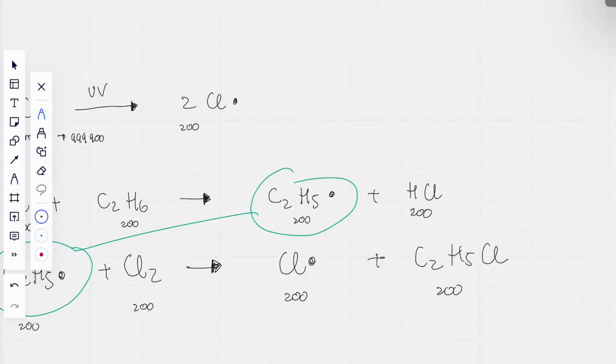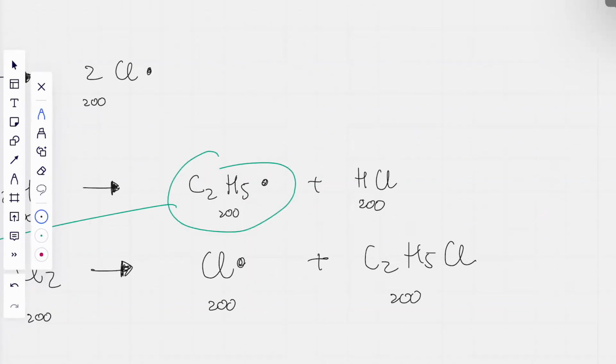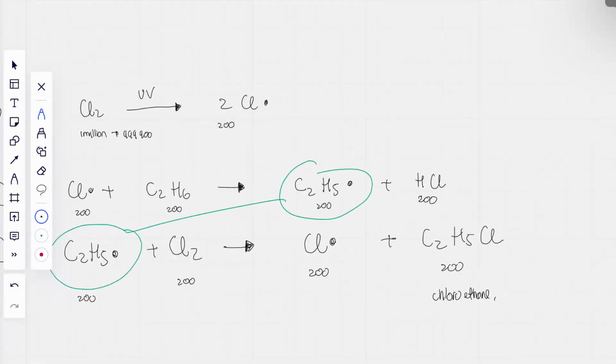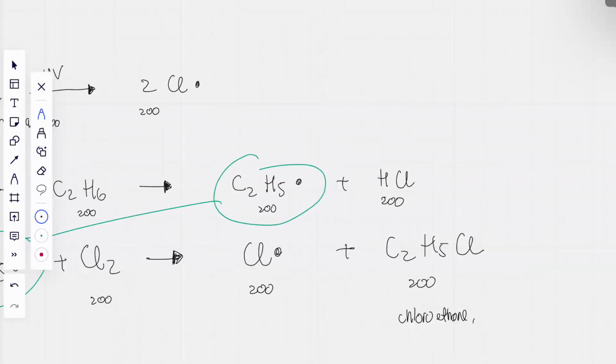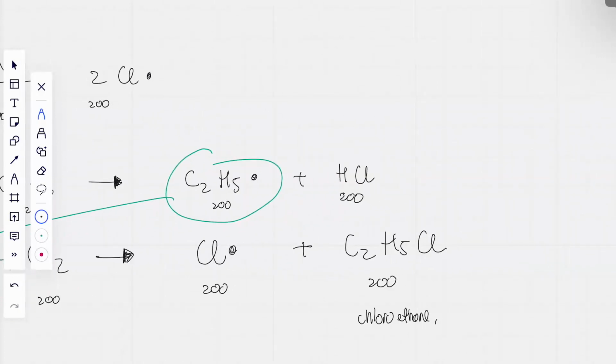Does it mean that out of that 1 million Cl2, only 200 produce chloroethane? Yes or no? No.